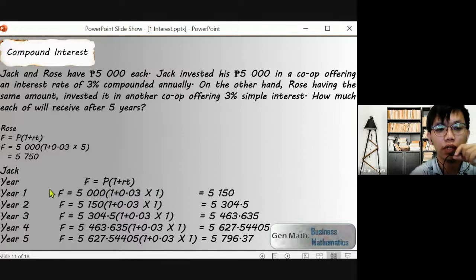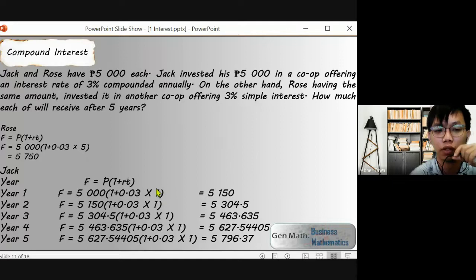So dito sa year 1, ang kanya magiging pera will be, we're just going to substitute. So future value is which is equals to 5,000 times the quantity 1 plus, so yung 5,000 yun yung amount na in-invest, plus yung rate of interest, that is 3% or 0.03 times 1 year. So yung length of time naman dito is 1 year.